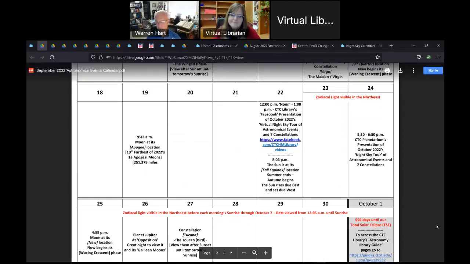And then let's go to Saturday the 24th. And notice I have up in the top something called a zodiacal light is visible in the northeast. And look down at the last week, and it's the same thing. It's going to be like that all the way through October the 7th.